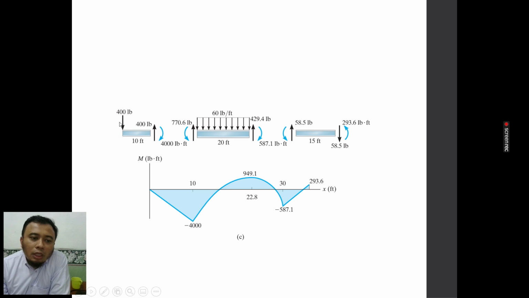When you have a shear force diagram of a square, then it will be a triangle bending moment diagram. If you have a triangle shear force diagram here, like in this example, you have a triangle here because of this distributed load. So you have a curved bending moment diagram.